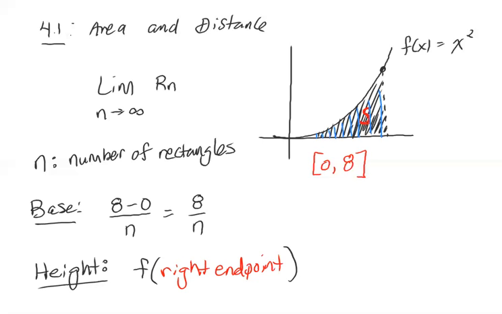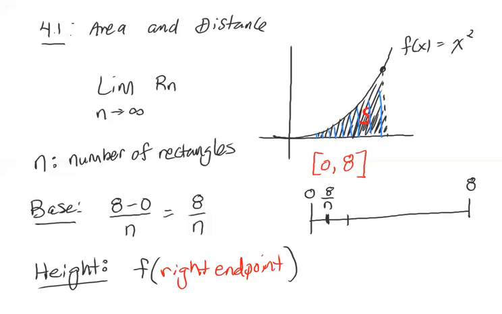If you think about it this way, this is the interval from 0 to 8. Okay, this is 0, this is 8. And if I divide that up into n pieces, well, this first piece has an x coordinate of 8 over n.